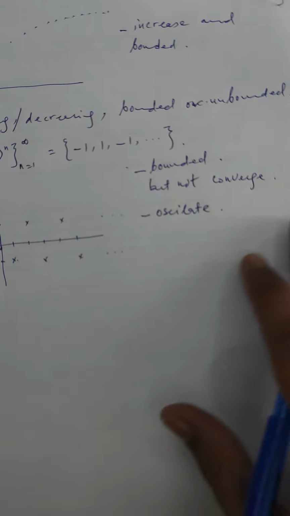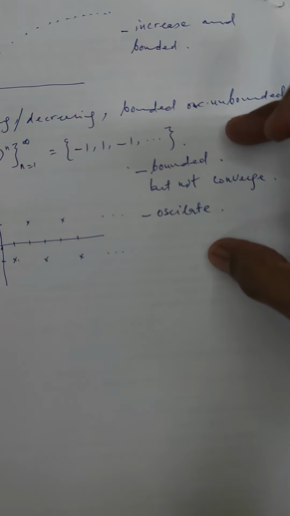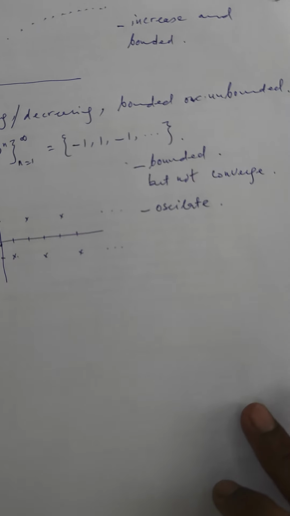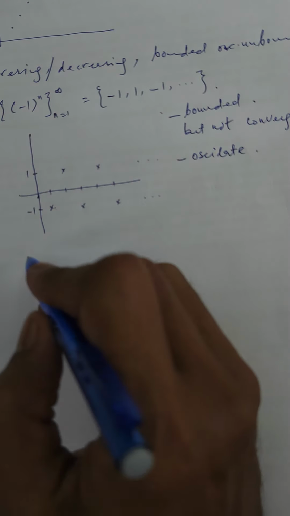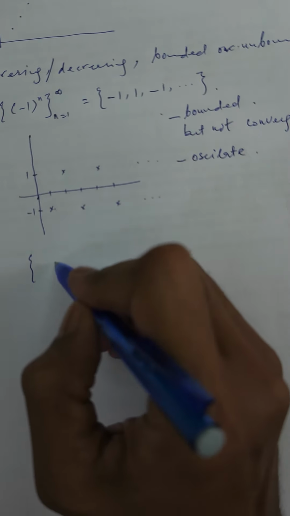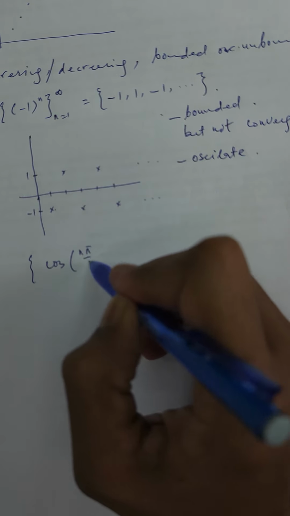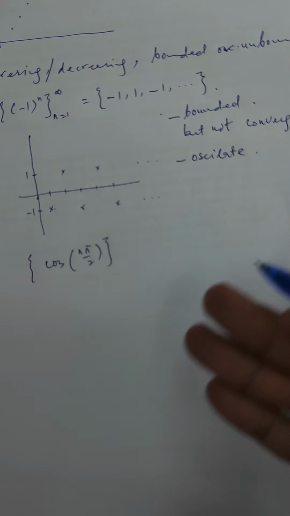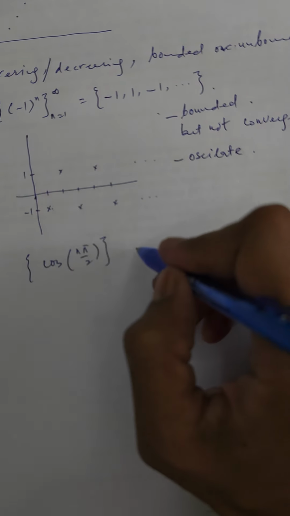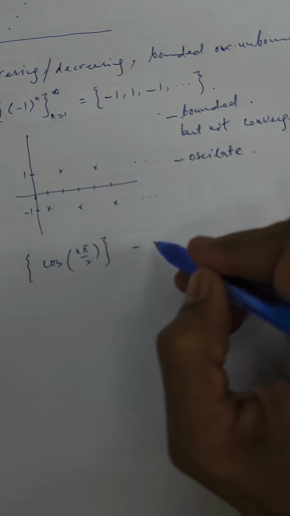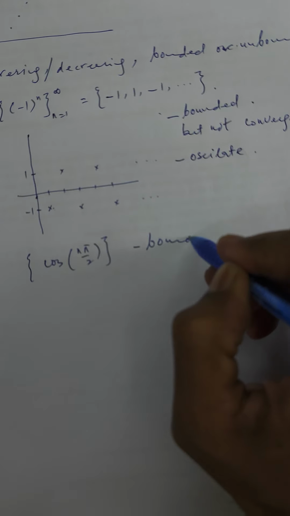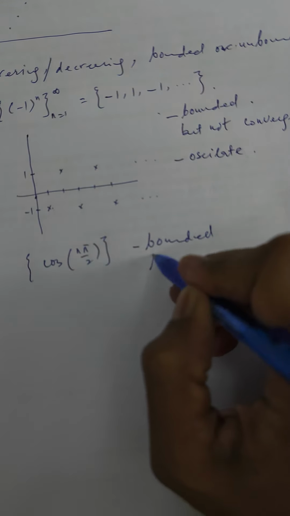Other examples of this kind of sequence are cosine or sine. For example, the sequence cos n pi over 2 is also bounded but not converged.